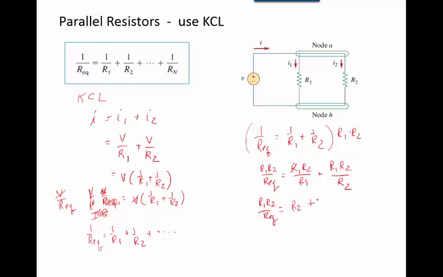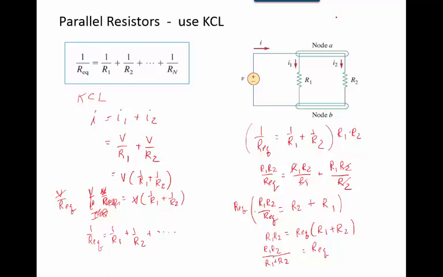R2 plus cancel, cancel. R1. Multiply both sides times R equivalent. This will cancel, and I'll have R1 R2 equals R equivalent times R1 plus R2. And then you get R equivalent, the equivalent resistance, is R1 R2 over R1 plus R2. It only works when there's two resistors.